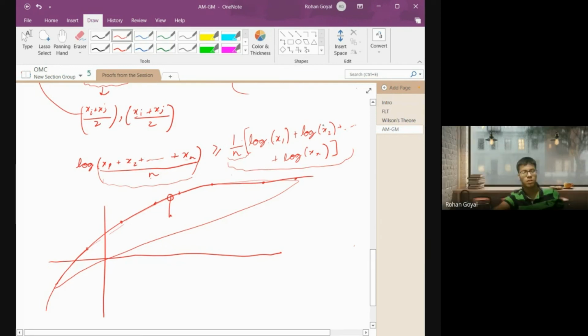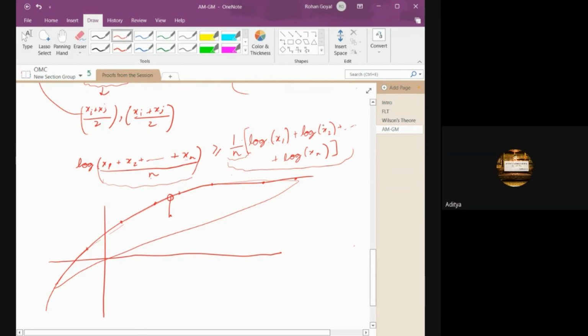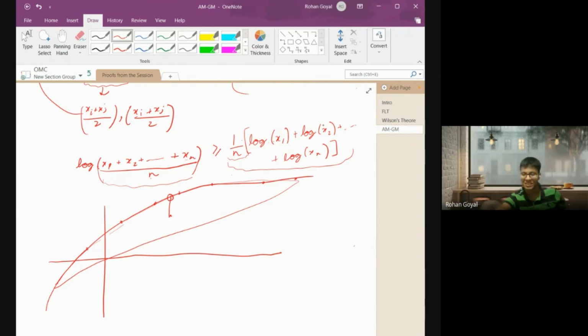What does that mean? Generally, if x is a number, then log x is always smaller than x.